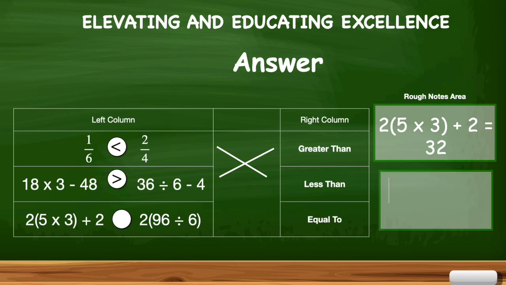So what we're going to write is 2, open bracket, 96 divided by 6, close bracket, which equals 32. So as you can see, both the numbers equal, so we're going to draw that equal sign and then draw a line going towards equal to. So the answer is equal to.